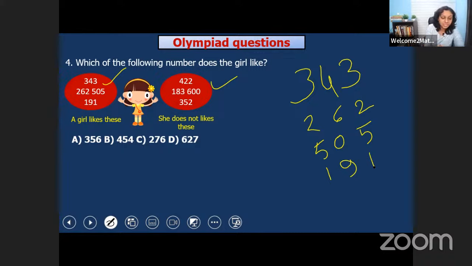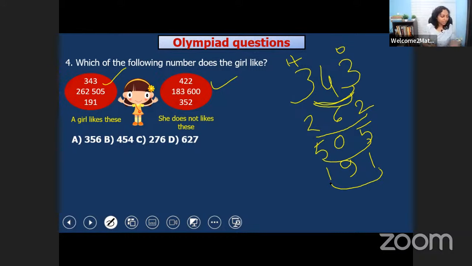In these numbers, the ones place and the hundreds place digits are the same. Here it is 3 and 3, here 2 and 2, here 5 and 5. Similarly, in 191, the ones place is 1 and the hundreds place is 1.